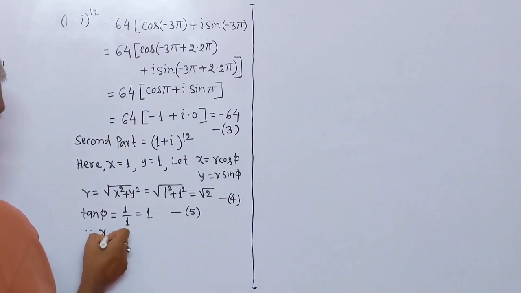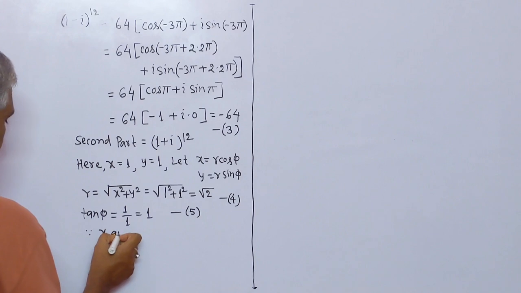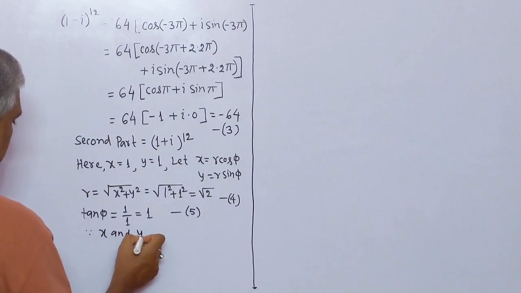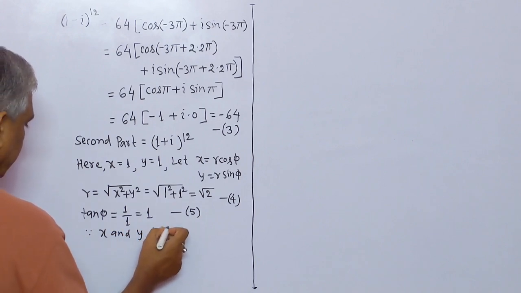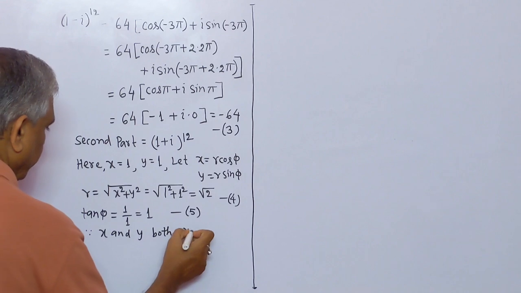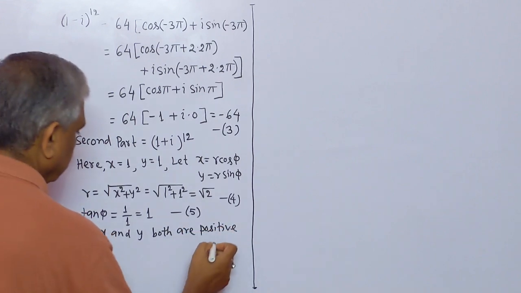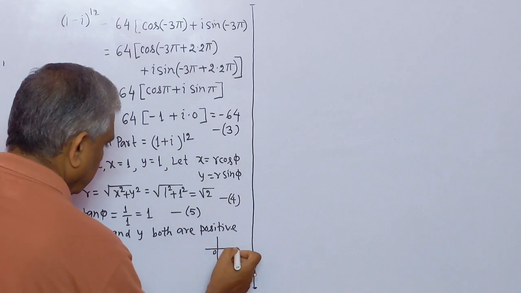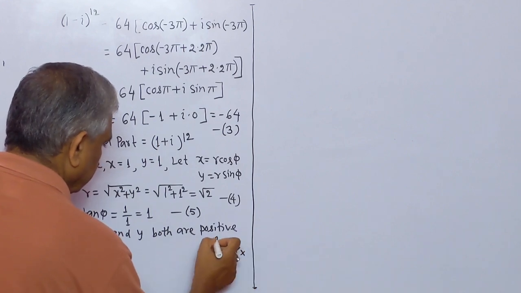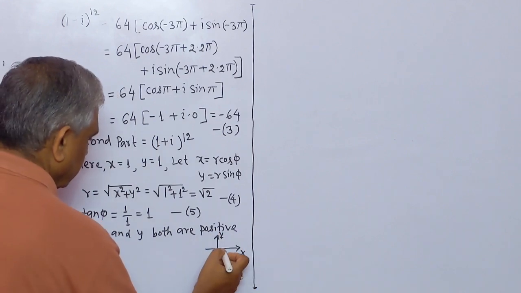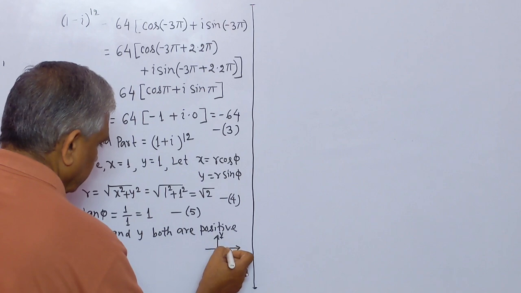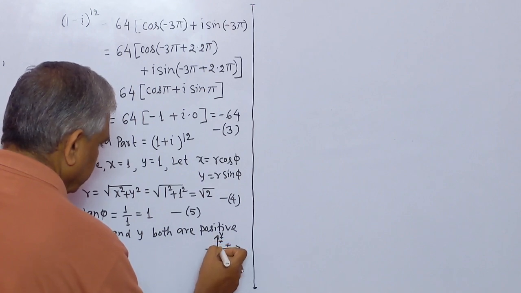Since x and y both are positive. Here this is x and this is y. So x is positive and y is positive.